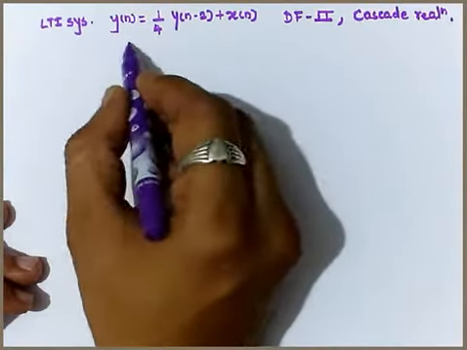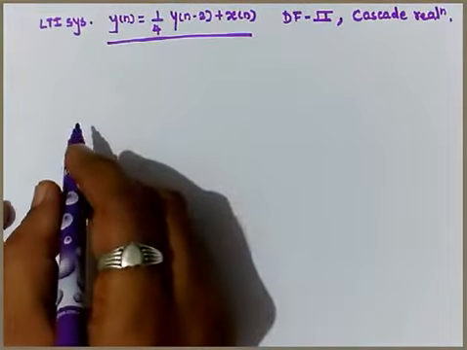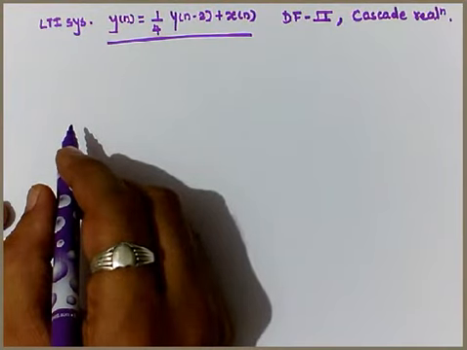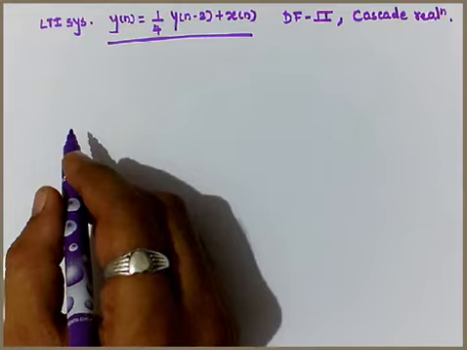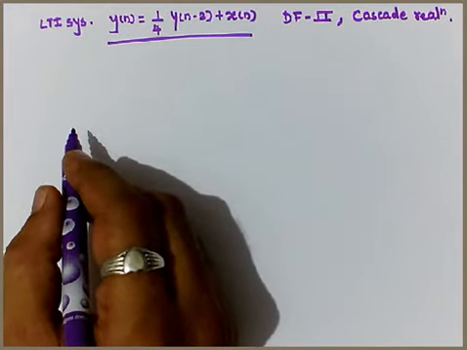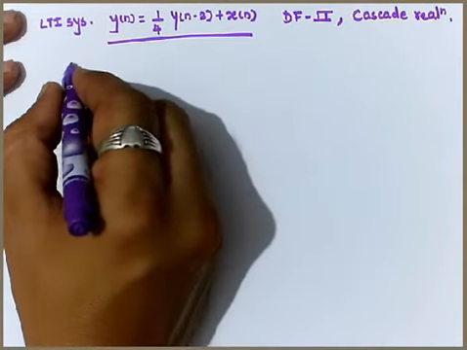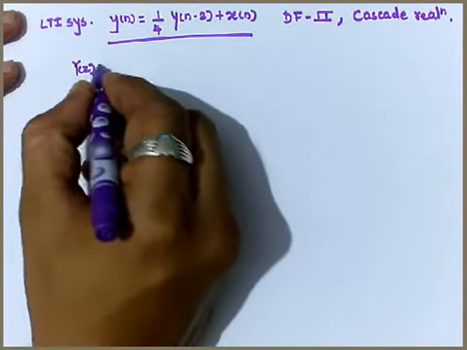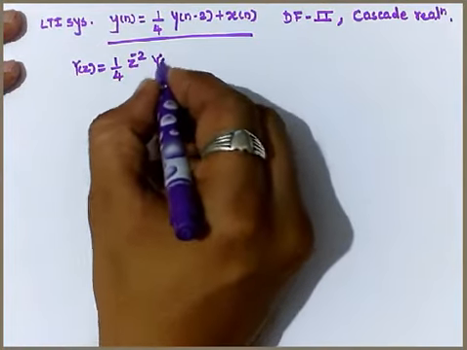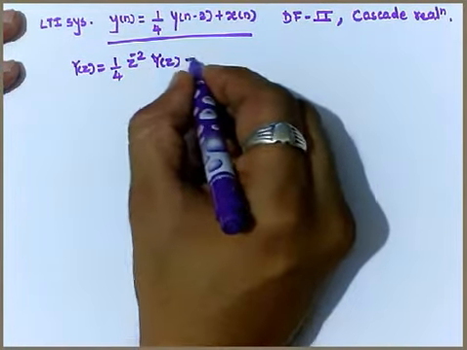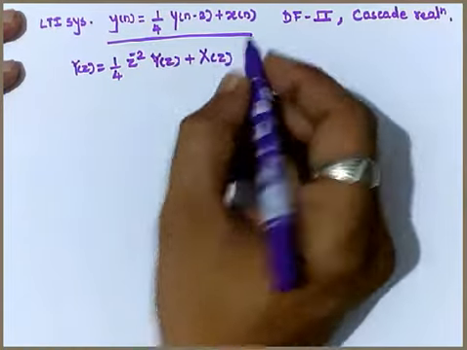So y of n is equal to 1 by 4 y of n minus 2 plus x of n. This is the difference equation given. Since we are interested in h of z, let's take the z transform for this. So it will be y of z is equal to 1 by 4 z raised to minus 2 y of z plus x of z.